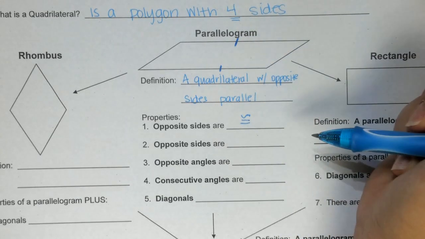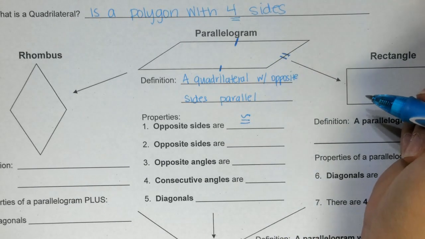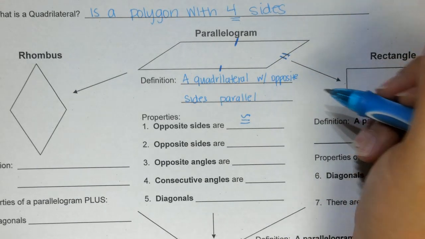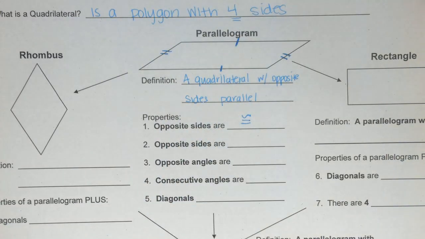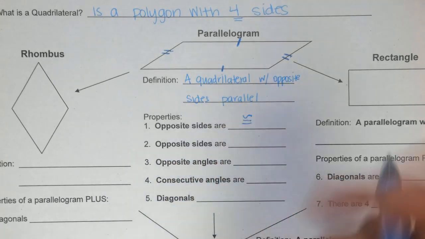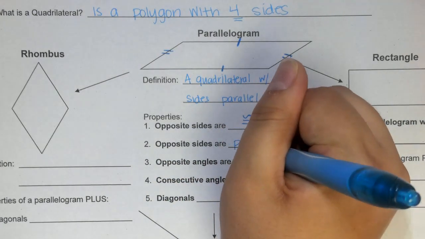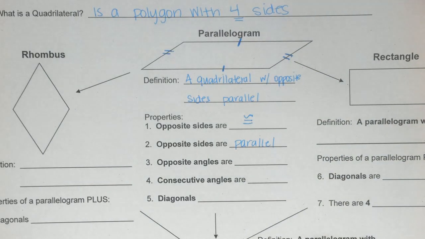They're the same. If this side was 5, I'm going to put 2 tick marks on the right. What's the left going to be? 5. They're going to be the same. It already says up there that opposite sides are parallel. We just talked about that, meaning they never touch the opposite side.